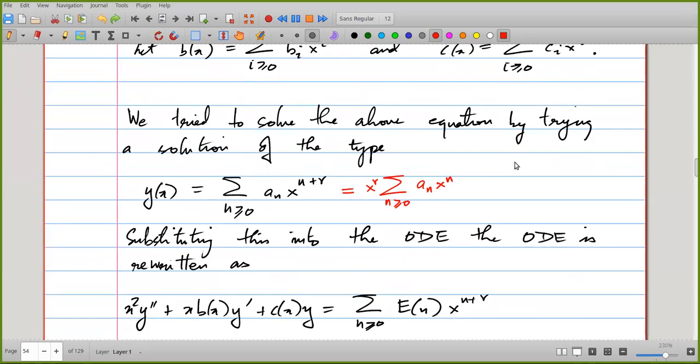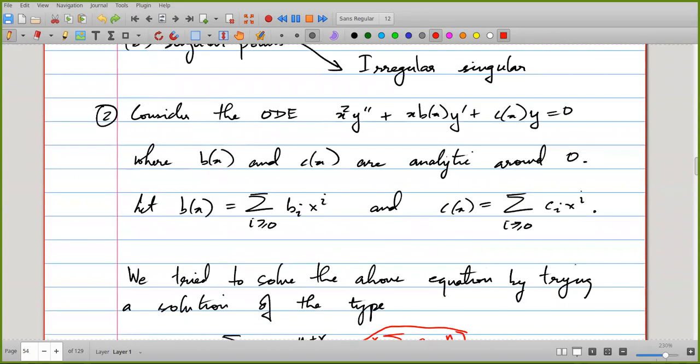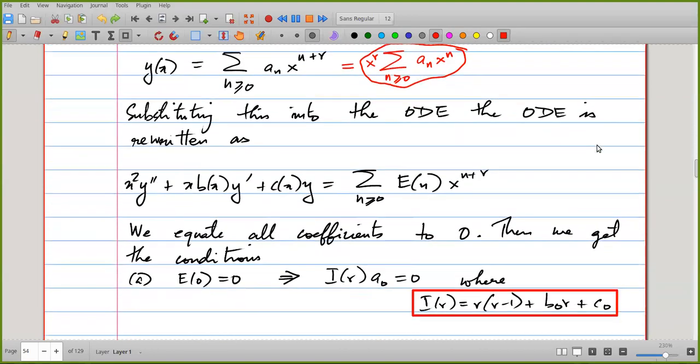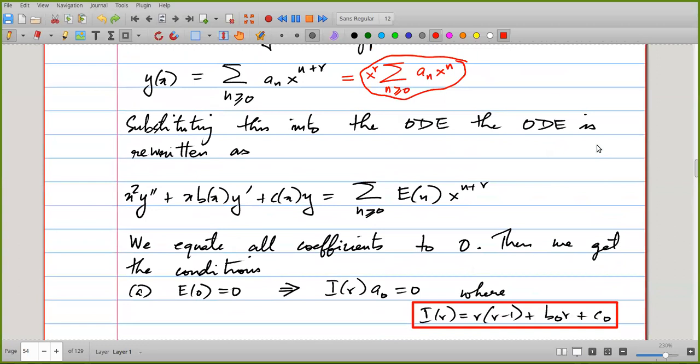And what did we do? As always, we substituted this power series into the differential equation. And we got an expression of this type.